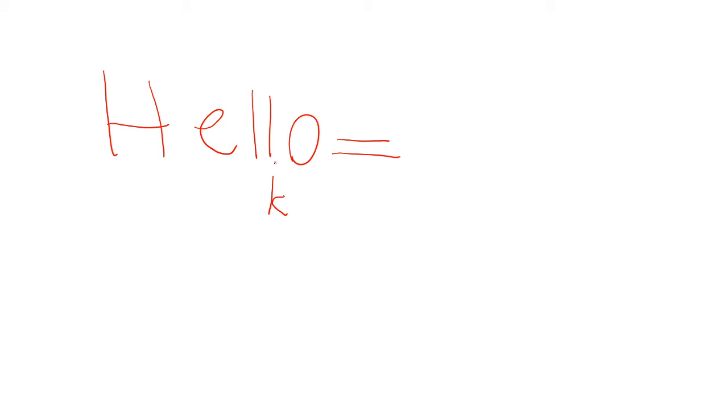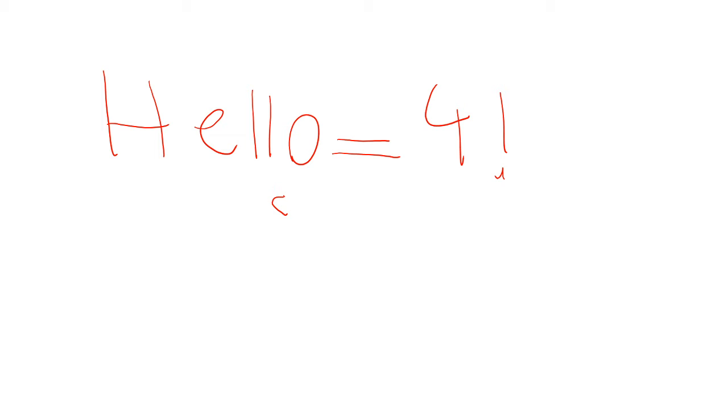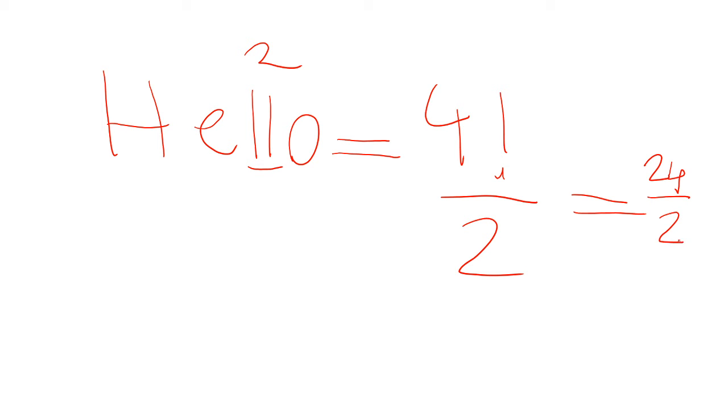And this K right here, if these are different, that's just 4 factorial. But this K does not exist. We just made it up. And we see that these L's, there are 2 of them. So we divide by 2. 4 factorial is 24. 24 divided by 2, the answer is 12.